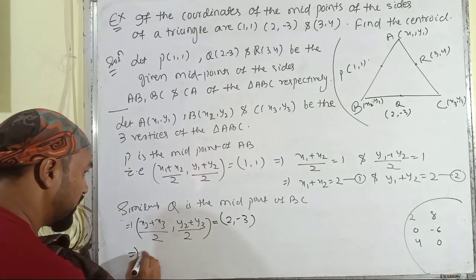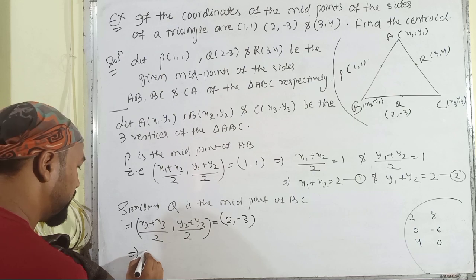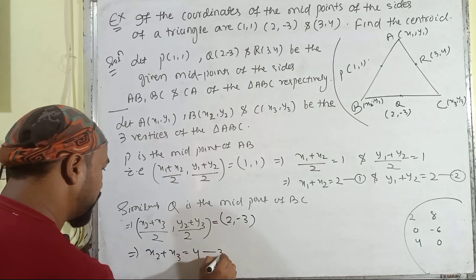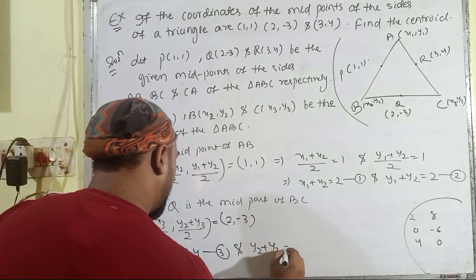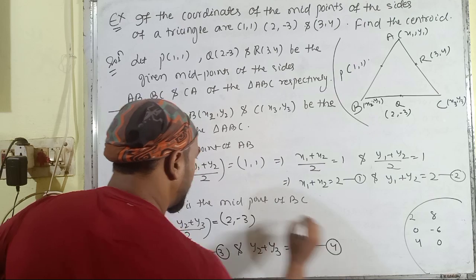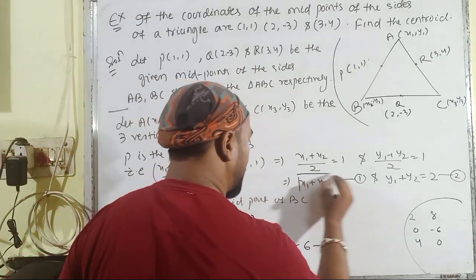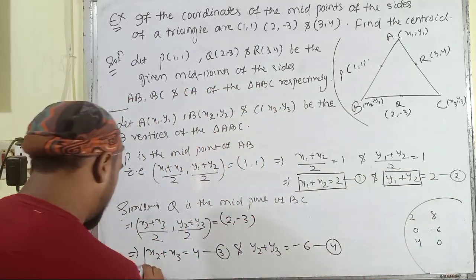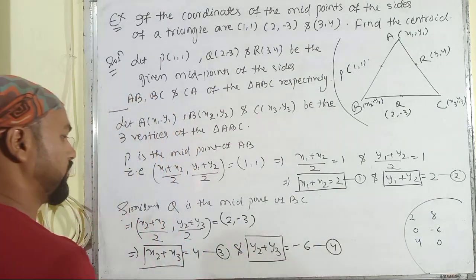That implies x2 plus x3 is equal to 4, equation 3, and y2 plus y3 is equal to minus 6, equation 4. Here is the first equation, here is the second equation, this is the third equation, and here is the fourth equation.